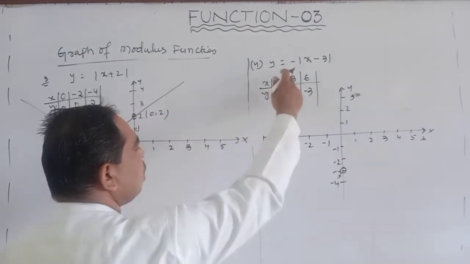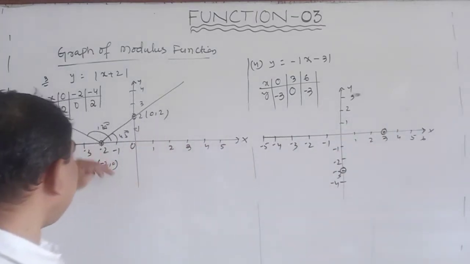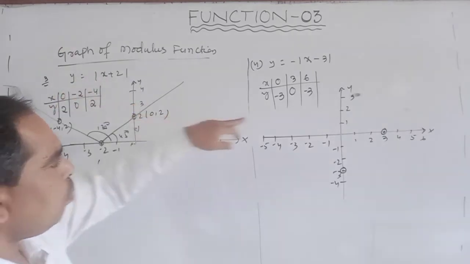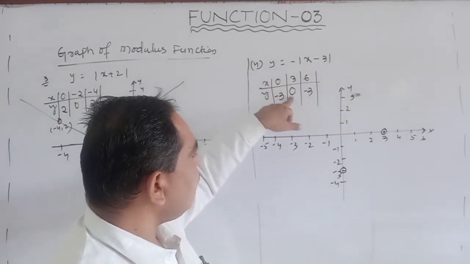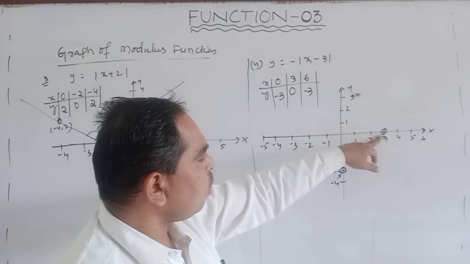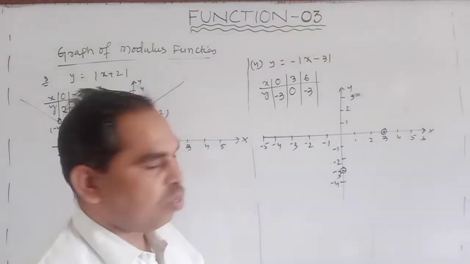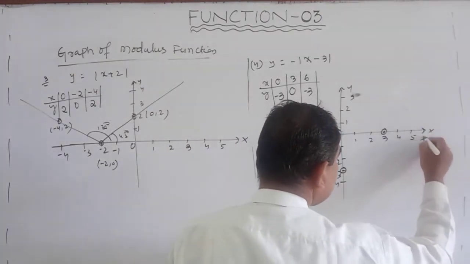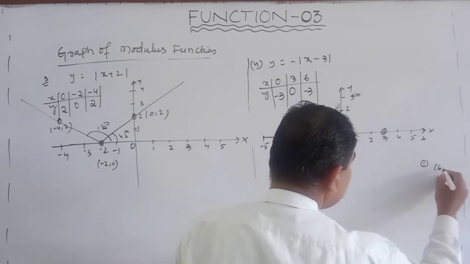And x is equal to 3, y is equal to 0. For what value of x is y 0? x is equal to 3, y is equal to 0. So this is downward and V shape. x is 6, y is minus 3. So this is 6 comma minus 3.